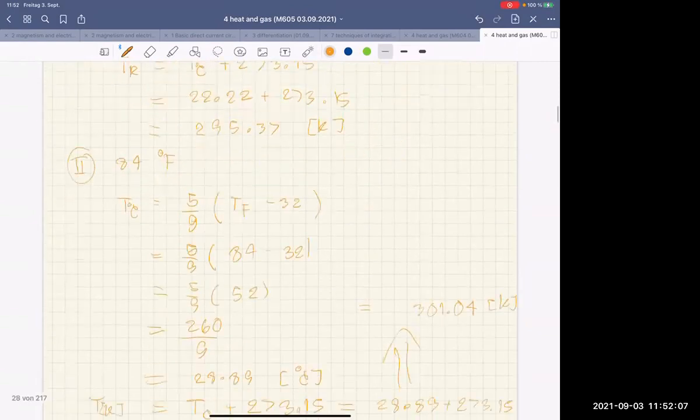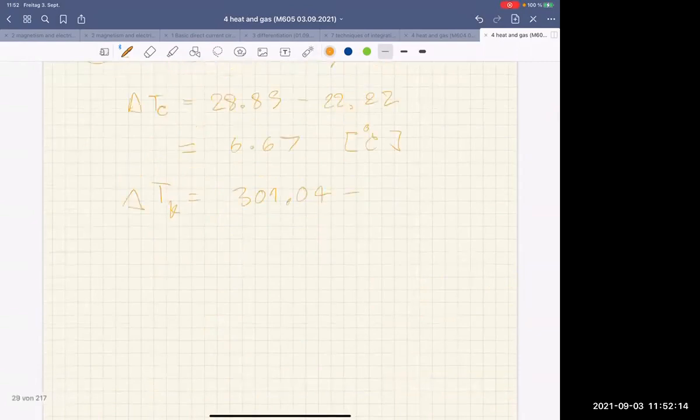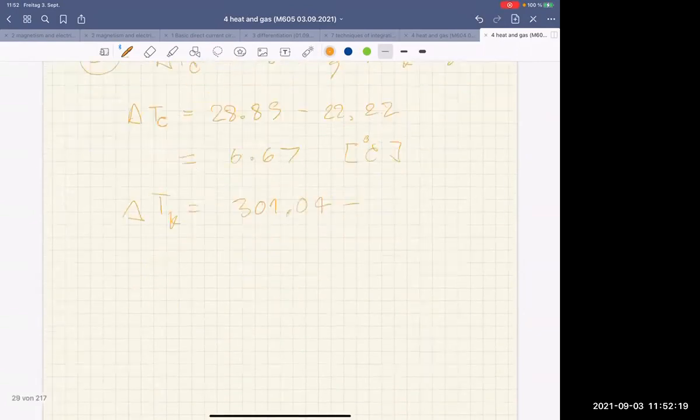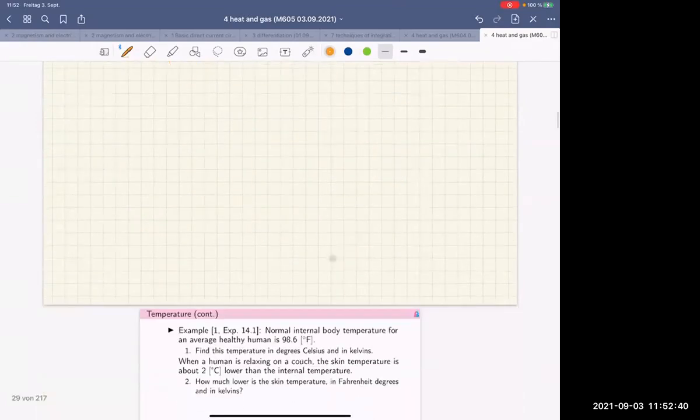So 301.04 minus 295.37, and you would get 6.67 again. Okay, you can see that the difference of temperature, whether in degrees of Celsius or Kelvin, will be the same, 6.67. And now we reach the final example.